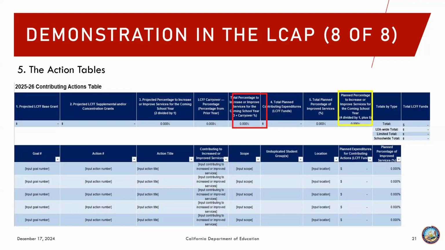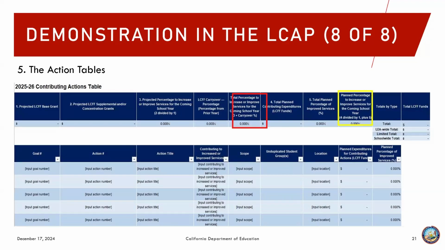One which is looking ahead to the coming year, one which is looking at the implementation within the current year. And so within this particular action table, LEAs are identifying the projected percentage to increase or improve services, the carryover percentage, if there is any, and then that brings about the total percentage to increase or improve services for the coming year, which is that box that's outlined in red there.